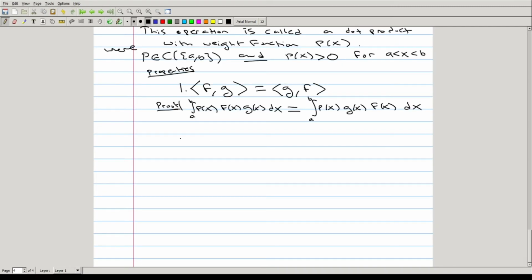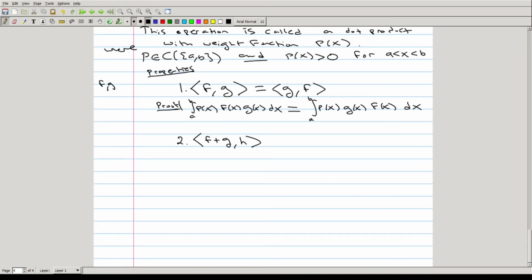And we have a number of other properties as well that I'm not going to prove, but are relatively straightforward to go through and show using your basic knowledge from even a Calculus 2 course. This is that the inner product of f plus g with another function h.